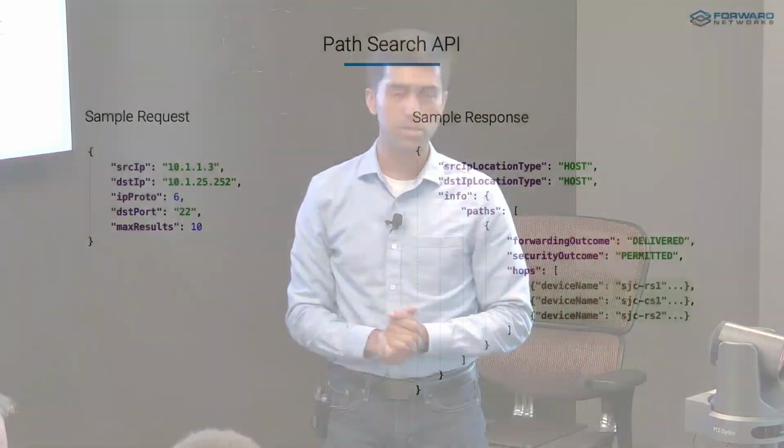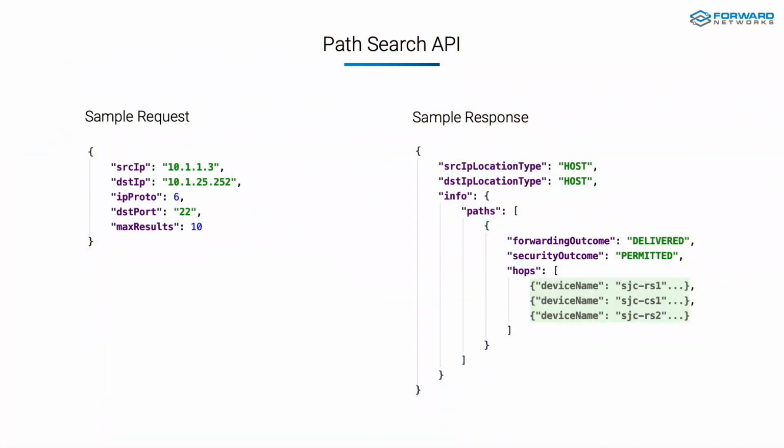What you see here is simple JSON request and response. In the request, the only required fields are a source IP and a destination IP. All other fields are optional. We also have some additional fields to expose flexibility, because depending on your use case, you might be looking for results of a certain type. So things that are always dropped, you might be looking for security violations.